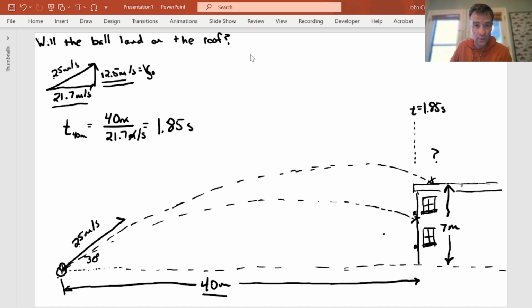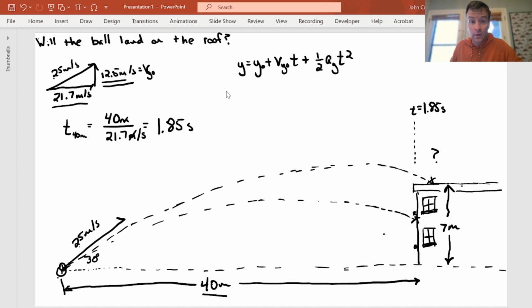If you look through your list of equations that your professor probably gave you, you probably have something to this effect: the vertical position is equal to the initial vertical position plus the initial vertical velocity times time plus 1/2 the vertical acceleration times the square of the time. And what we're solving for is the vertical position at a time of 1.85 seconds.